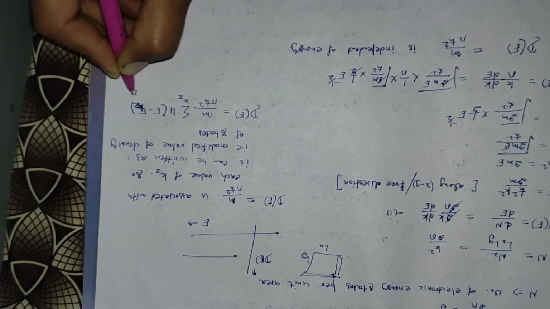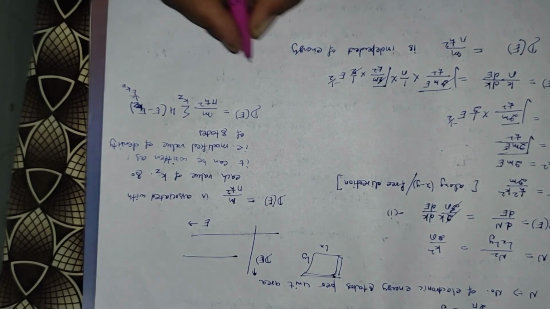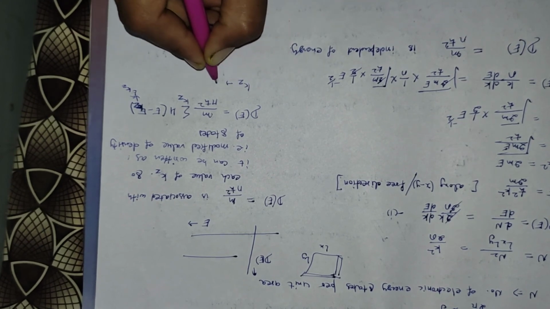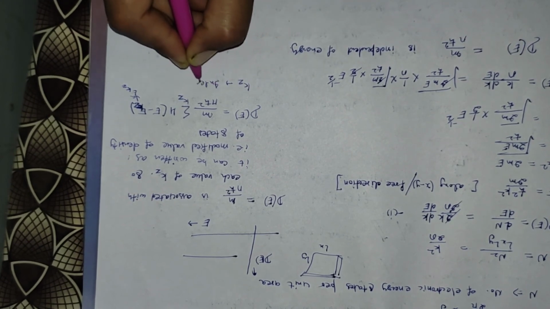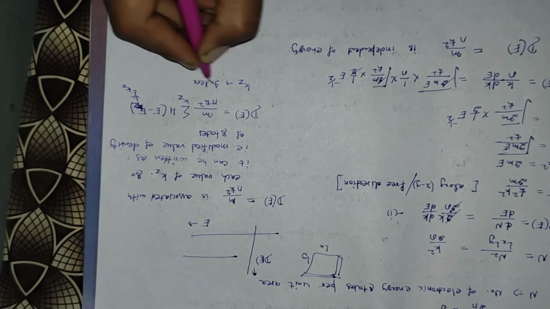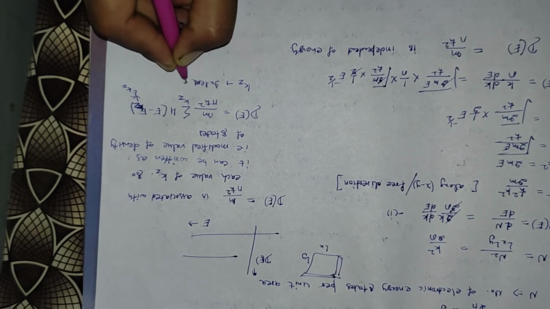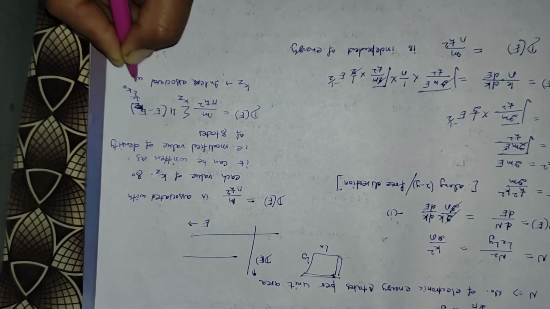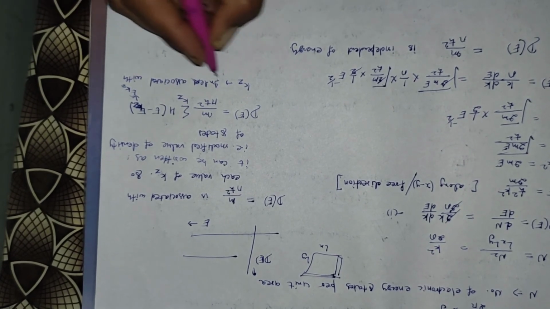This is the E_kz direction, where kz is the index associated with confinement energy along z.